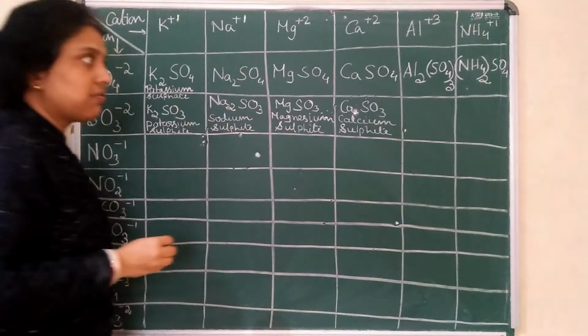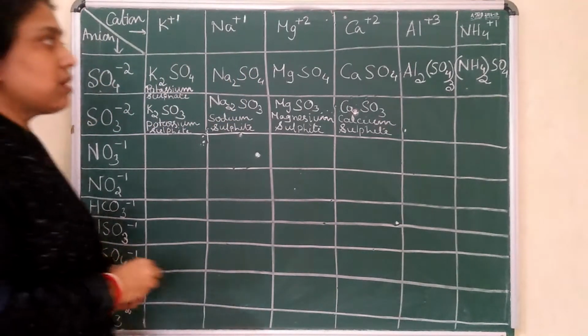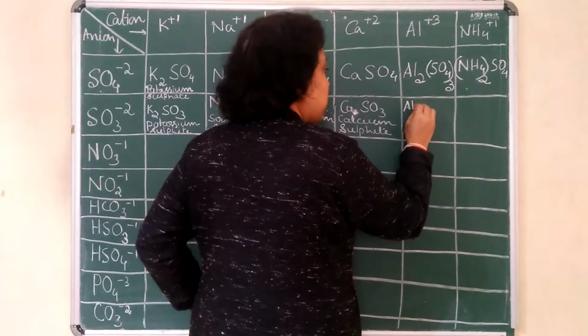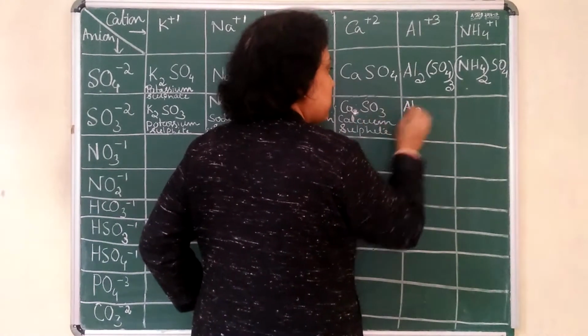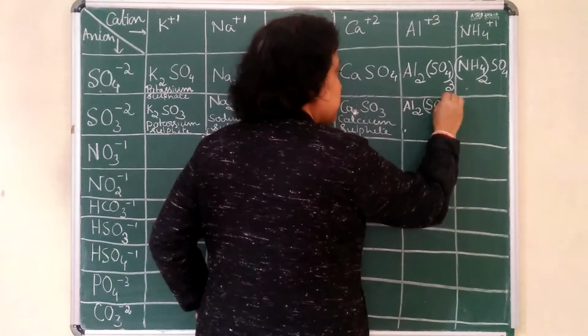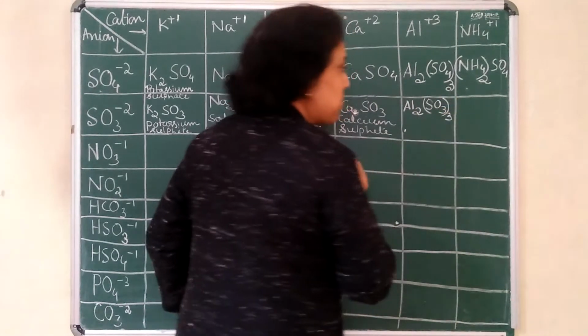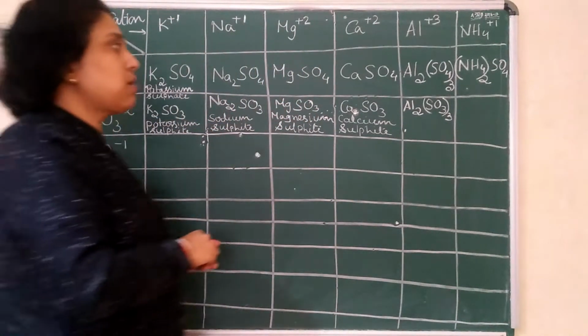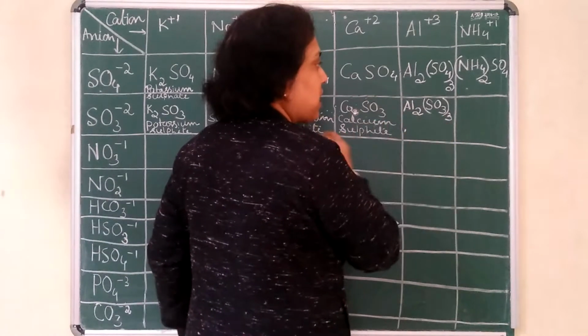All are sulfites. Then aluminium, Al. Now the sulfite valency is 2, so I have to write 2 here, and the aluminium valency is 3, so SO3 in bracket 3. Understood? This way you have to write aluminium sulfite.